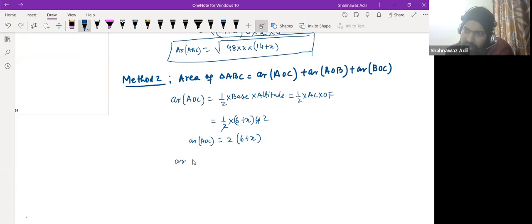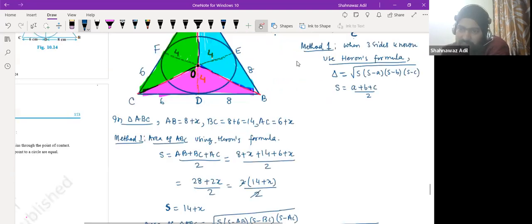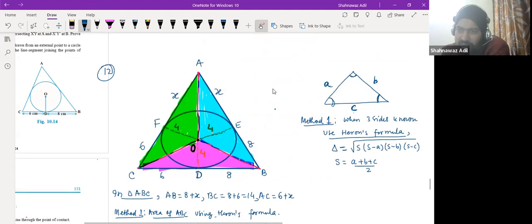Similarly, area of AOB, that is again half base into altitude. So for AOB, what would be the base? So there are two methods, but we can solve using any method, but we have to figure out this x.